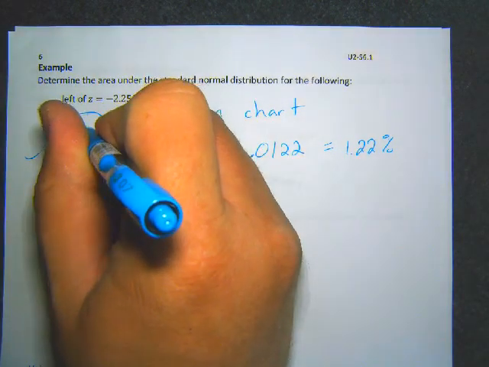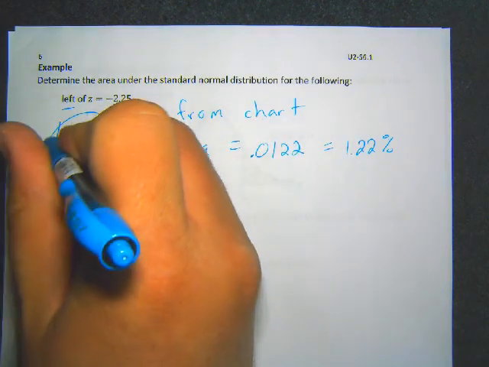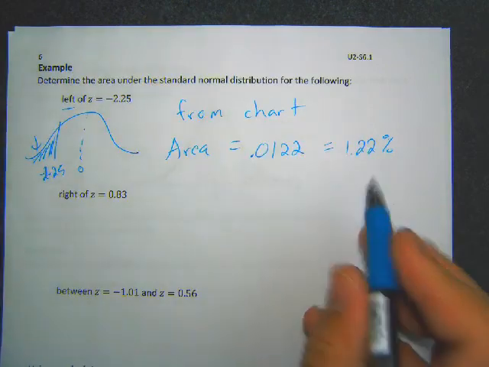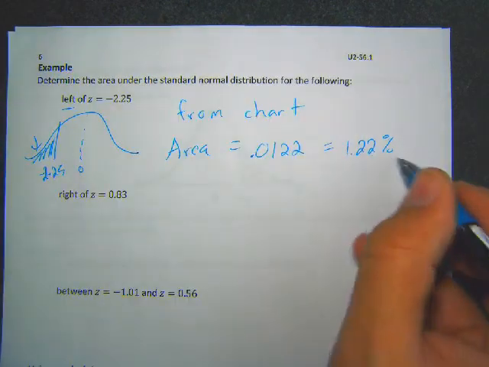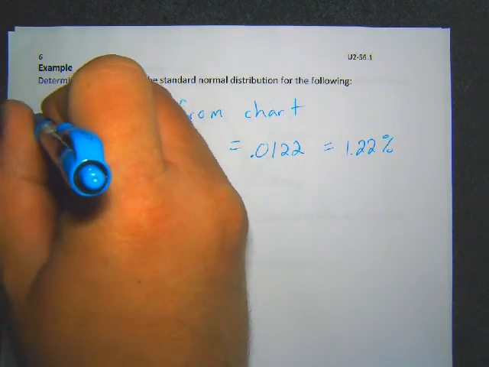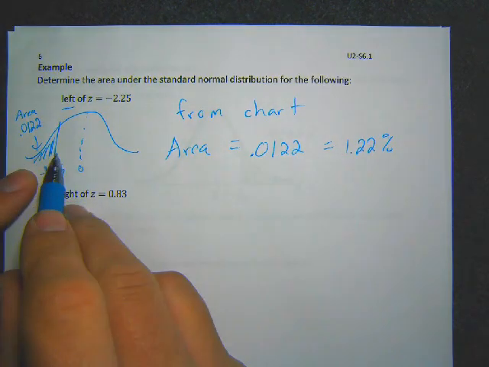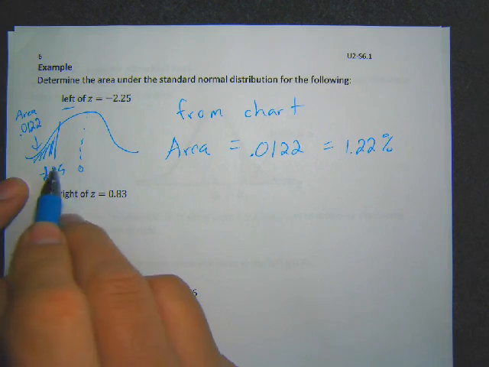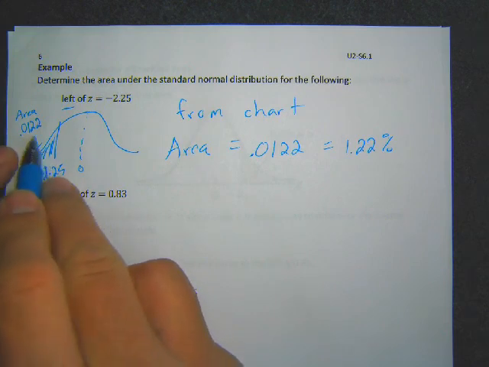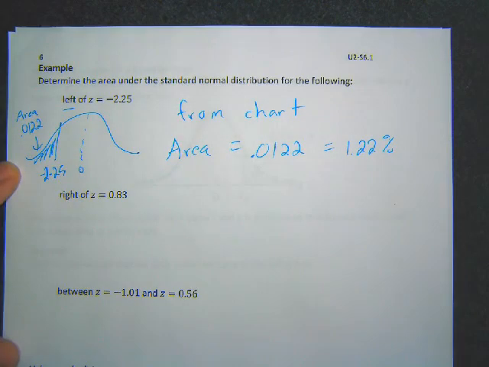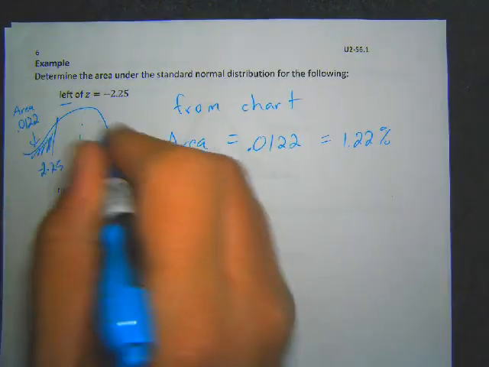The middle is always 0 with the standard normal distribution. And we're finding the area left of, so we just found a small part. So this is the area that's 1.22% or 0.0122. So again, I made this look kind of big, but really negative 2.25 is so far over. This is really small. That's why it's only like 1%. So I probably should have made it further over just to make sure it's really little. The majority of the area is on the right side.